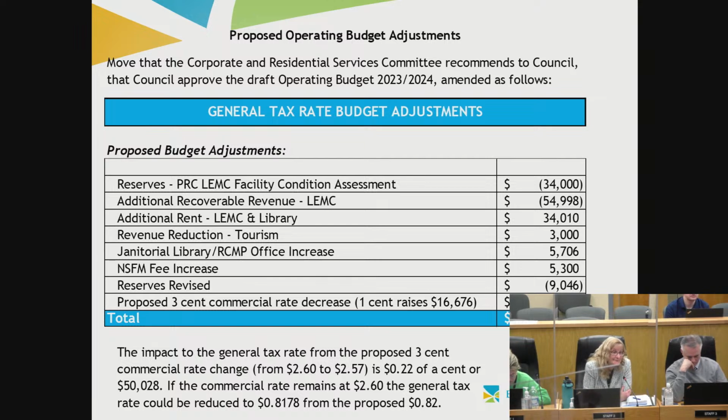Through you, Mr. Warden, absolutely. The NSFM fee increase itself isn't as much as $5,300. We had budgeted based on last year's budget, not their actual. Because they had such a large increase last year as well, that's why that number is a little higher.